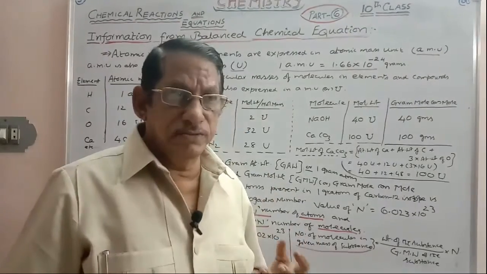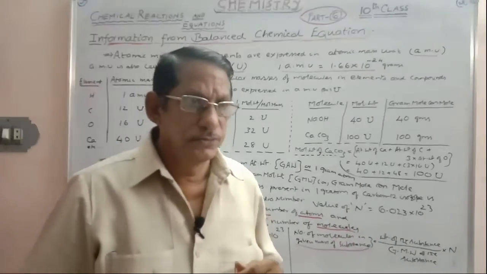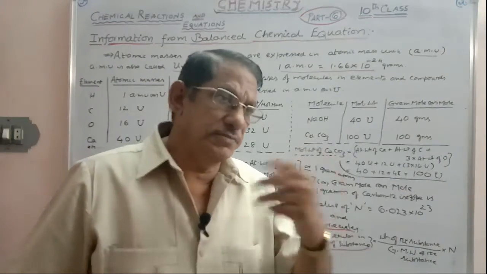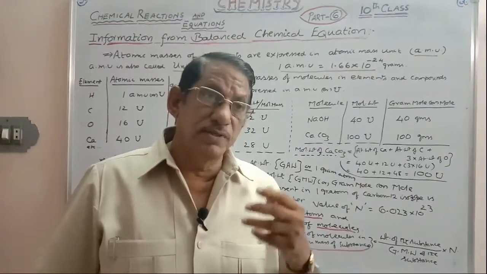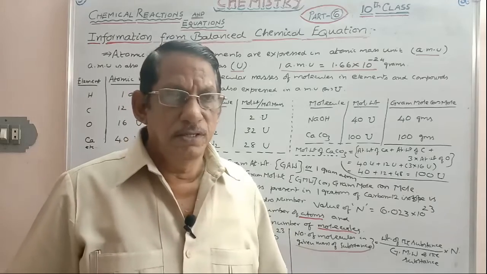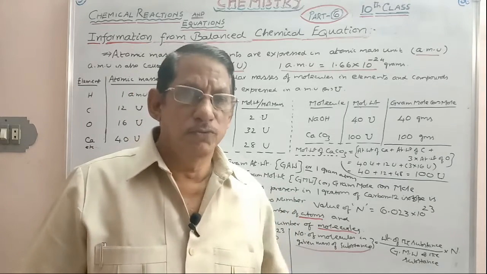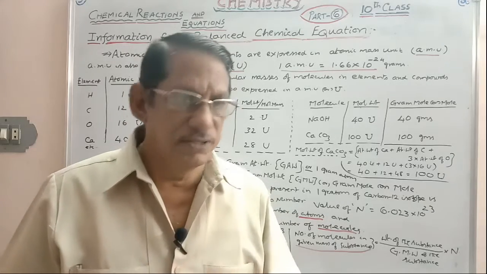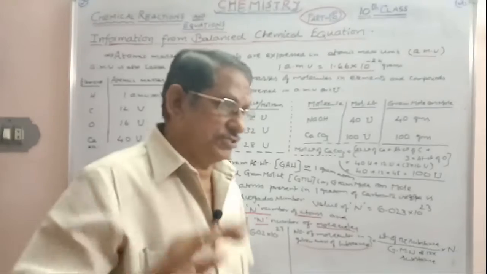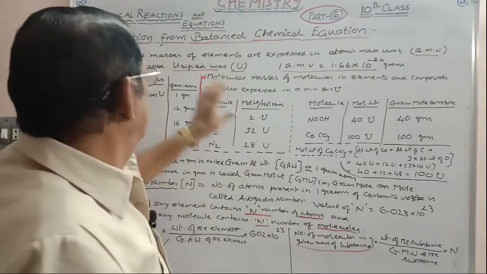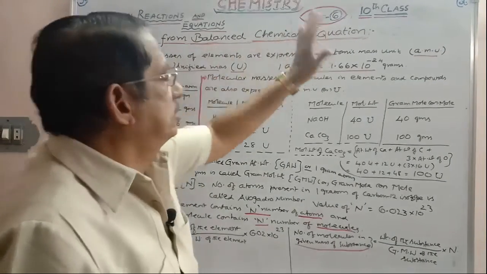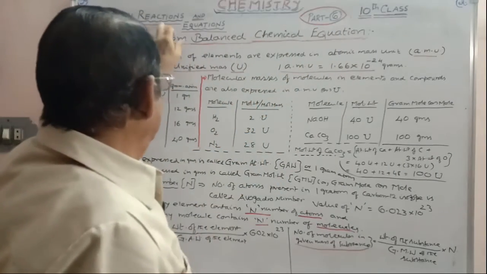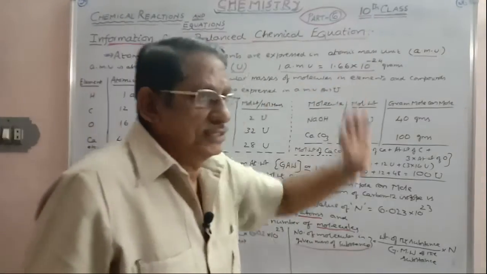Whether you want to get a weight-weight relationship, mass-volume relationship, volume-volume relationship, or mass-volume-number of molecules relationship, all these types of information we can get from a balanced chemical equation, apart from other information. So now we are taking information from balanced chemical equation as lecture number 6 of the chemical reactions and equations chapter. This is for 10th class once again.